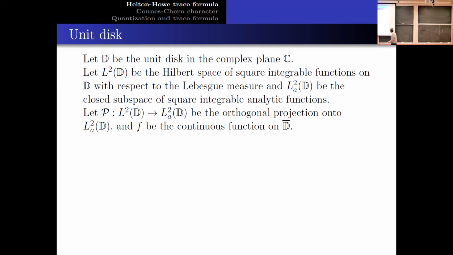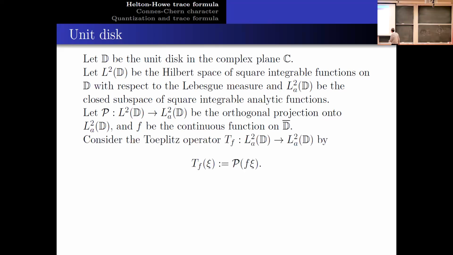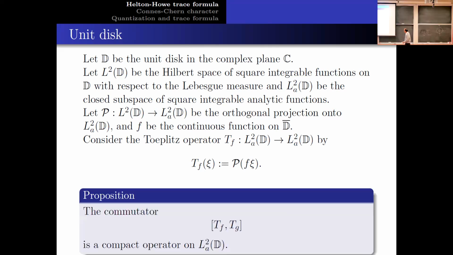Now using this orthogonal projection, which actually showed up today in the previous talks, we can define the Toeplitz operators. It's the compression of multiplication onto our Bergman space, the subspace. A classical result is that the commutator of the Toeplitz operators is actually a compact operator.